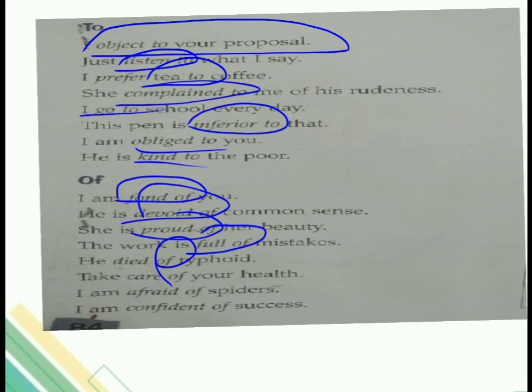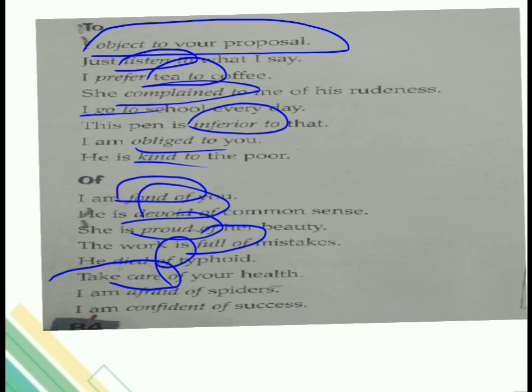If you're not using due to, you can use of as the preposition, for the reason. Take care of yourself. Take care of her health. Take care of your parents. So with take care, we use of as the preposition. I'm afraid of spiders. I'm confident of success.